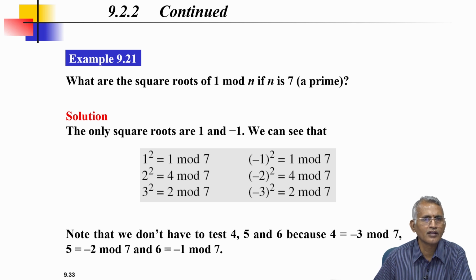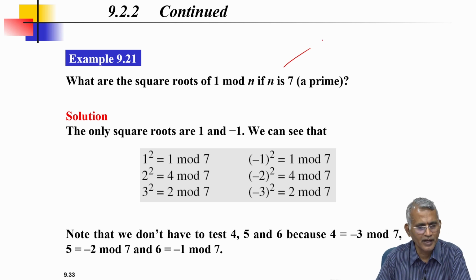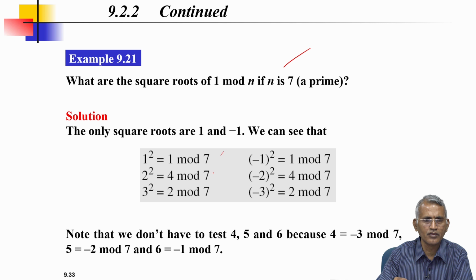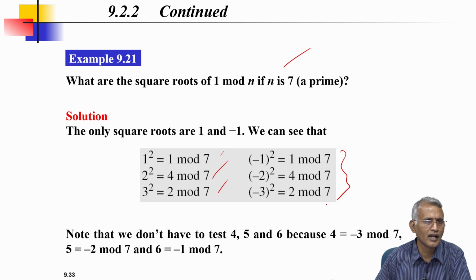Next, what are the square roots of 1 under modulo n if n is 7, a prime? The only square roots are 1 and minus 1. We can see that 1 square equals 1 under modulo 7, 2 square equals 4, 3 square equals 2 under modulo 7. Similarly, minus 1 square is 1, minus 2 whole square is 4, minus 3 whole square is 9, which is 2 under modulo 7.